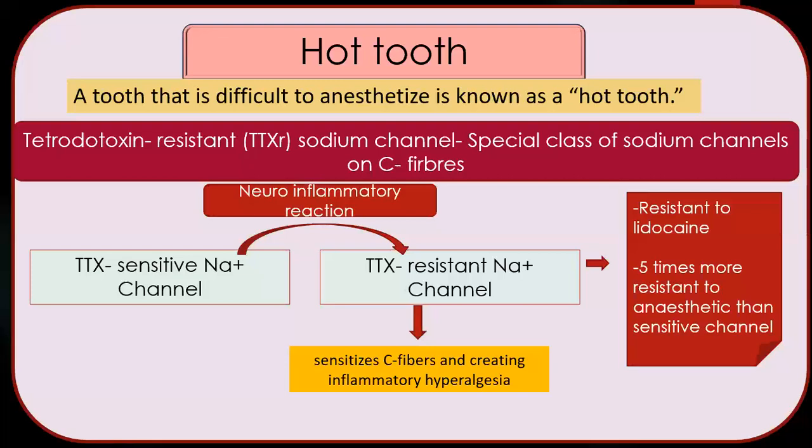In such cases we may have to wait a longer period of time to get the effect of anesthesia, or we may ask the patient to come after taking a prior analgesic medication, which will centrally inhibit the pain pathways and help us to treat the patient at that point of time. So these are some of the conditions that we have.